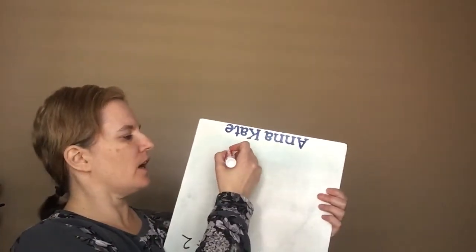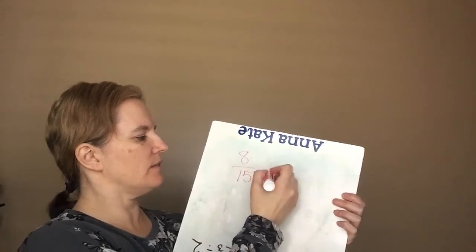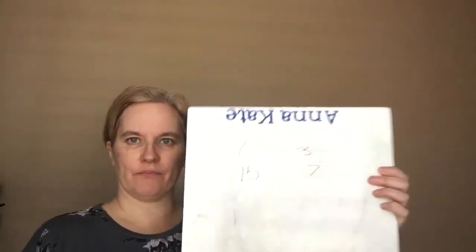Okay, to our lesson. The one thing that I noticed in some of your work yesterday, when you went to divide, you forgot to flip that second number. Remember, when you are dividing by a fraction, so let's say that you've got 8/15 divided by 3/7.